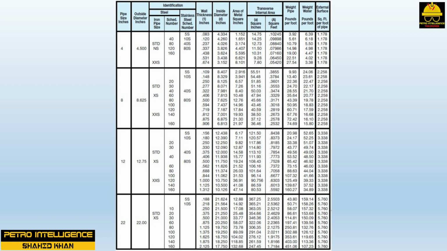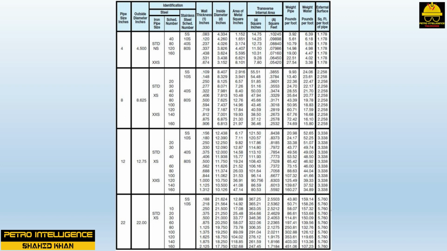Most pipe used in plants is 1/2 inch, 3/4 inch, 1 inch, 1 1/2 inch, 2 inch, 3 inch, 4 inch, 6 inch, 8 inch, 10 inch, 12 inch, and 14 inch and higher. When a pipe has an outer diameter of 14 inch or over, the outer diameter is the same as the nominal pipe size. Sizes of 1/5 inch, 1 1/4 inch, 2 1/2 inch, 3 1/2 inch, and 5 inch are not usually used.